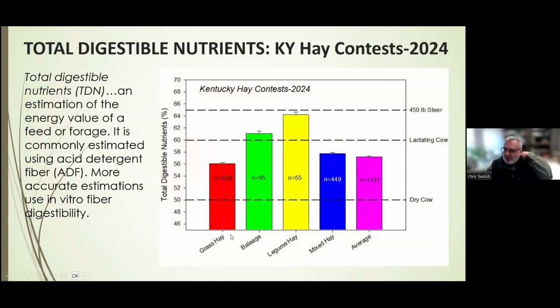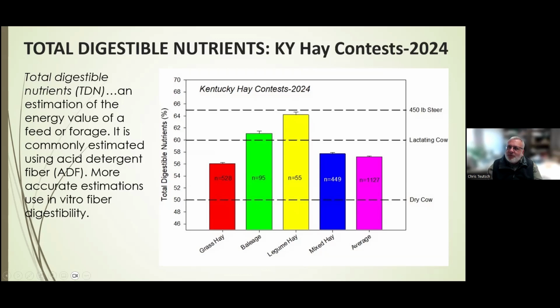So the graph is set up in a similar manner. We've got our hay categories on the bottom, our bars for each category, and then instead of crude protein on the y-axis, we have total digestible nutrients. What I want you to notice is that, of course, we have the requirements for a growing animal. That's the top dotted line. The middle dotted line is a lactating brood cow, and then a dry cow. Now, as far as meeting the energy requirements of a dry cow, all of our sample classes did that successfully on average.